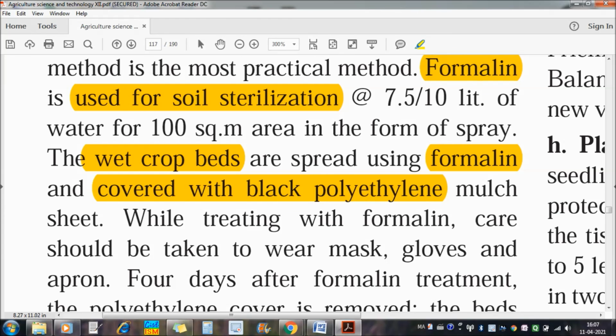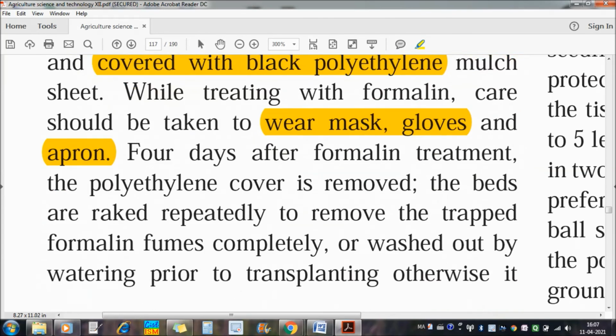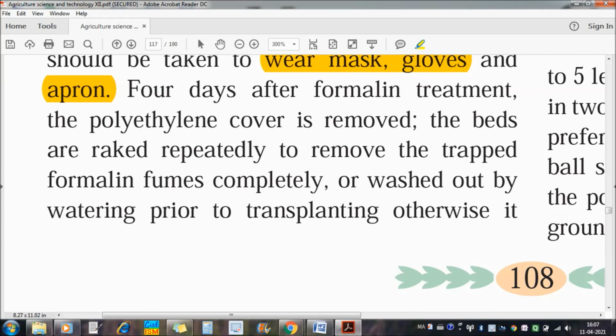While doing so, we have to wear masks, gloves and an apron. After treatment, the polythene should not be removed for 4 days. Marking can be done, and watering should not be given for 4 to 5 days, otherwise whatever formalin you have applied will get washed away.